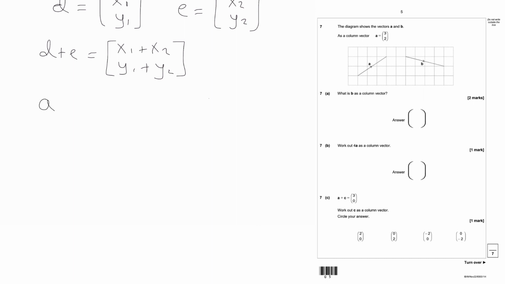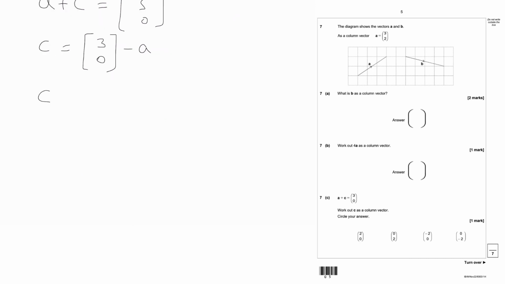So if we know that A plus C is equal to the column vector 3, 0, then by rearranging to find the value of C, C is going to be equal to the column vector 3, 0 minus A. So C is going to be equal to the column vector 3, 0 minus the column vector 3, 2.